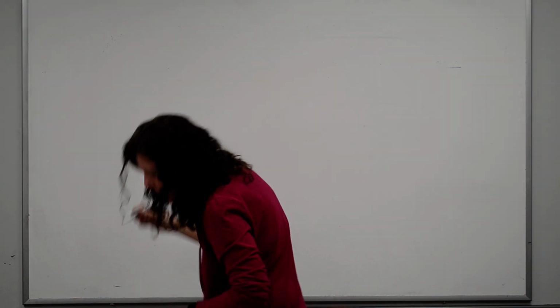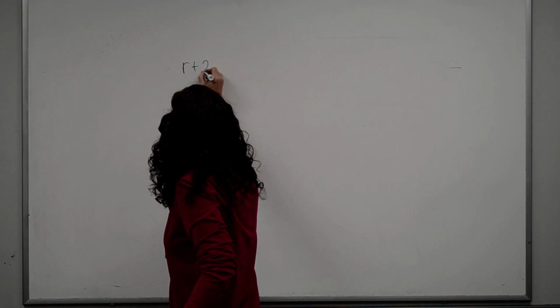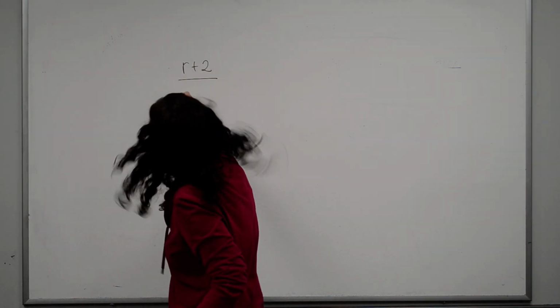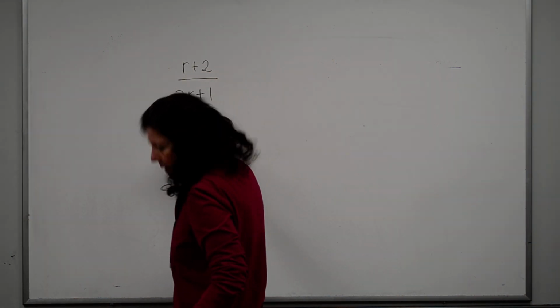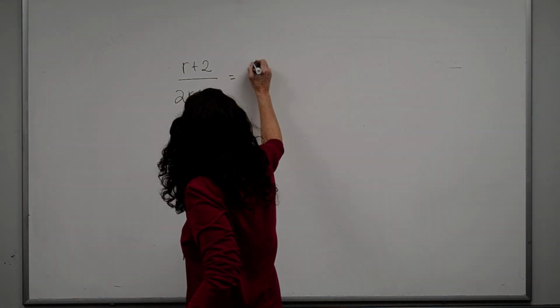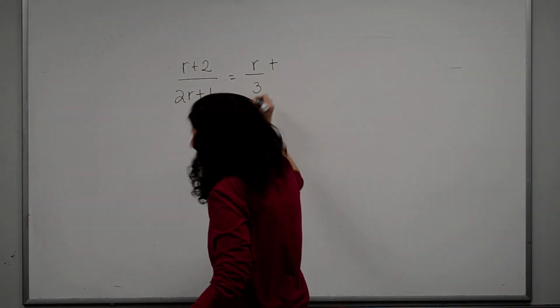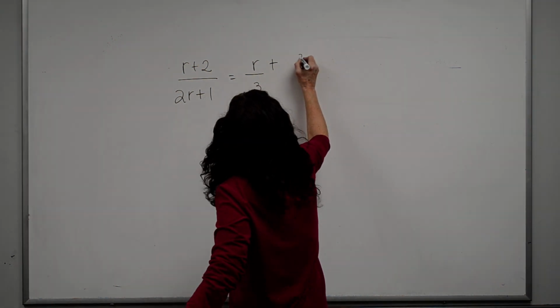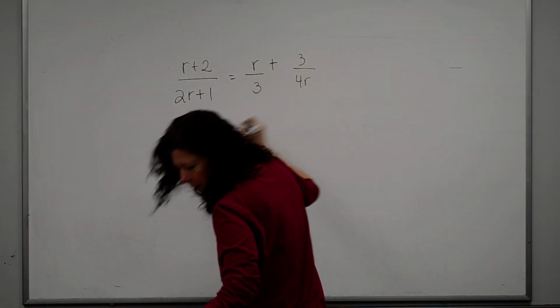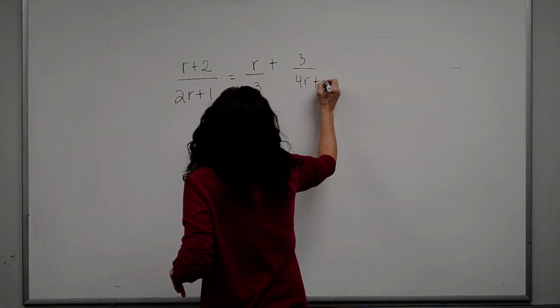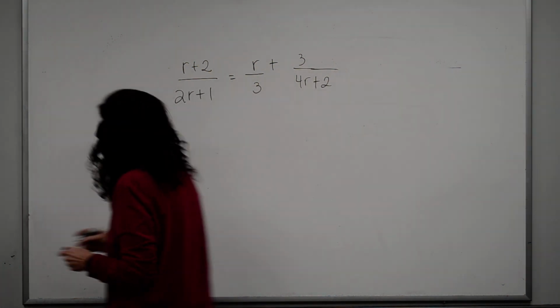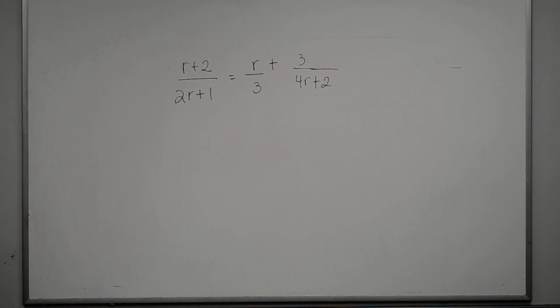So let's look at this one. r plus 2 over 2r plus 1 is equal to r over 3 plus 3 over 4r plus 2. All right, anything we can do here before we start?